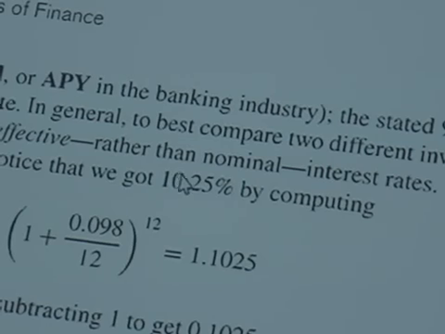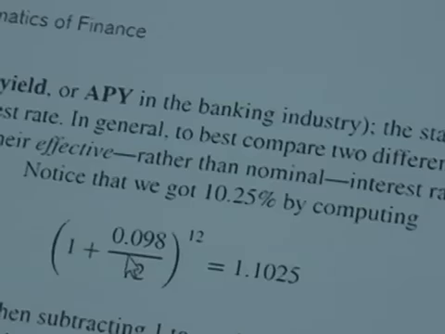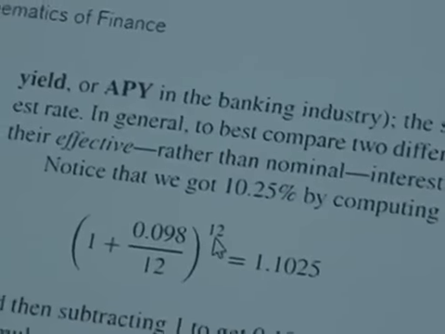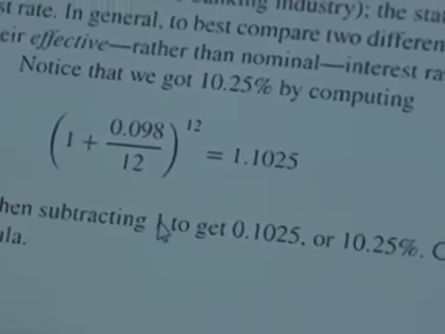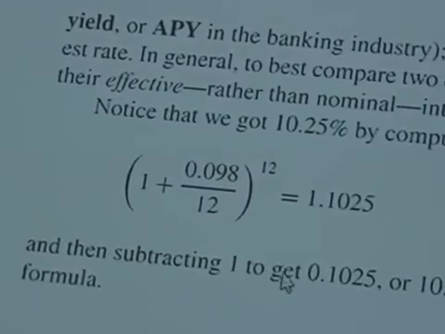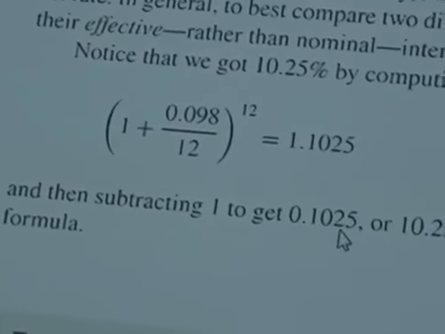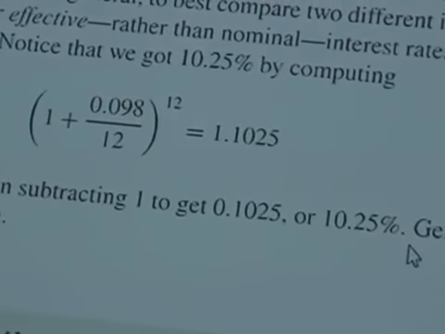And we saw that this was better than the 10% one, right? At Bank 10. Okay, they said, notice this. 1 plus this over 12 to the 12 equals this. And then subtracting 1 to get this, 10.25%, right?